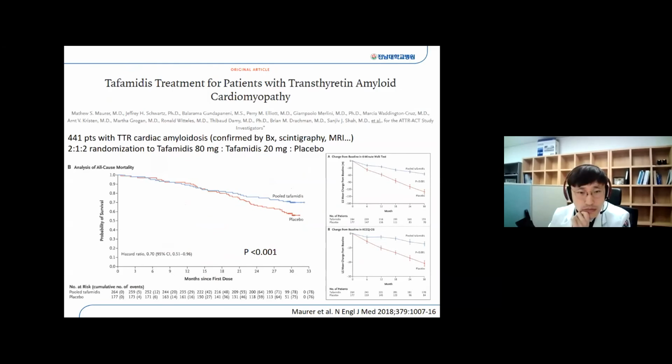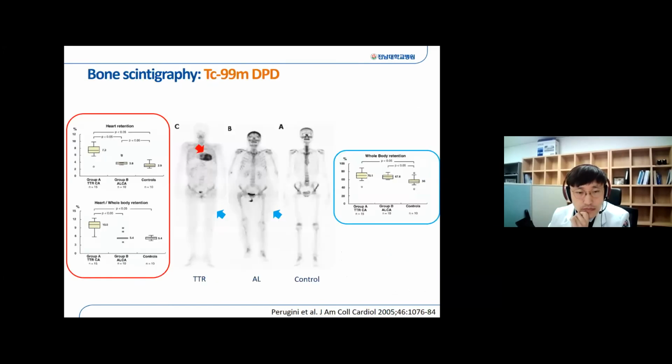Before, you said that in patients with light chain amyloidosis the background uptake is higher. Why can't we see the uptake in AL type? Is that your question? Yeah. Why is the background uptake higher?